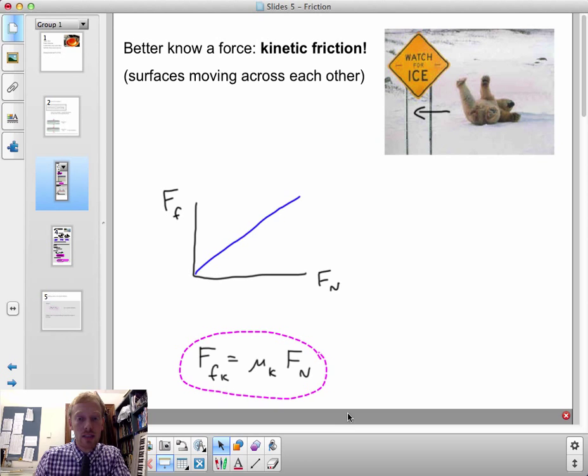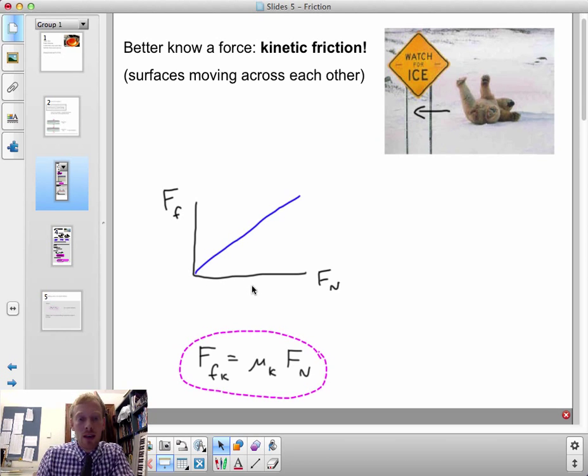When you increase the normal force between two surfaces, you increase the frictional force between them as well, and it obeys a roughly linear relationship. (0, 0) is a point because if you imagine two surfaces that are approaching, not touching at all, approaching no normal force, they will have very little friction between them as well.